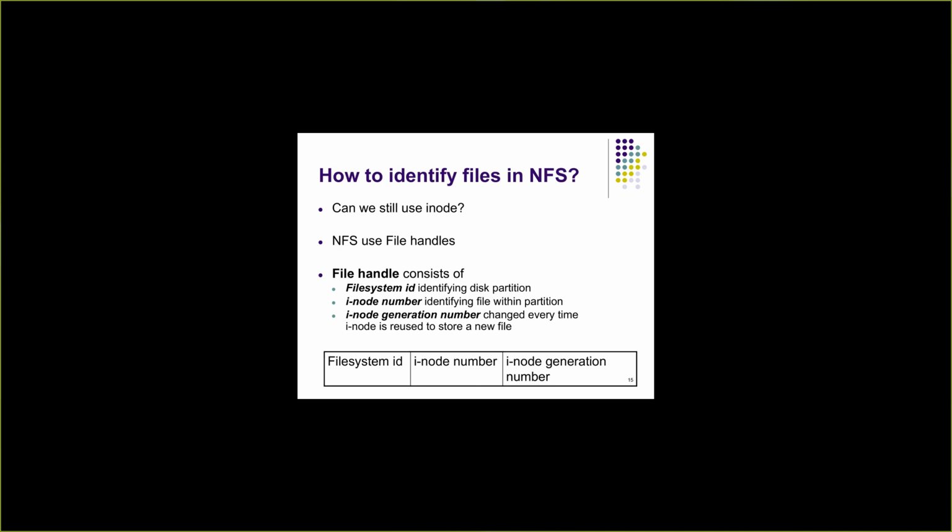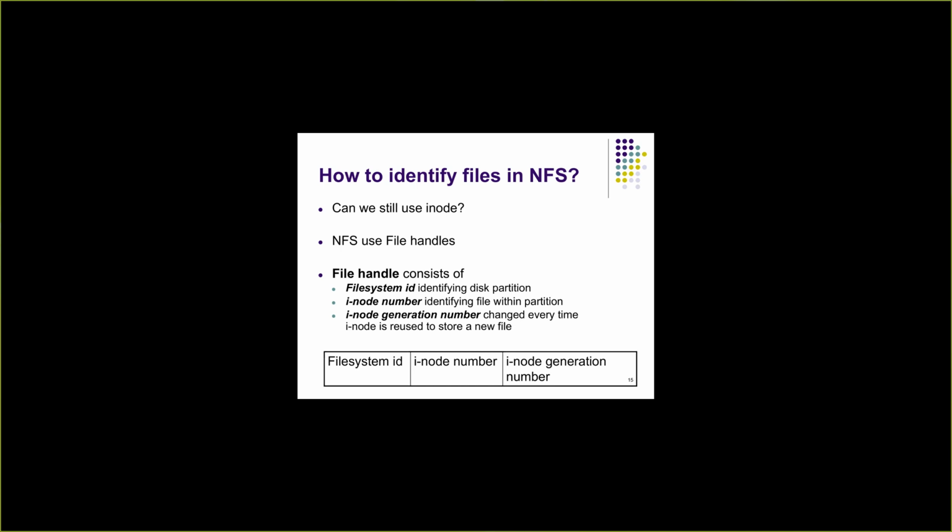The inode generation number is important in maintaining temporal consistency. What it means is, let's say there are two clients which are accessing a file and they both have the same file handle.